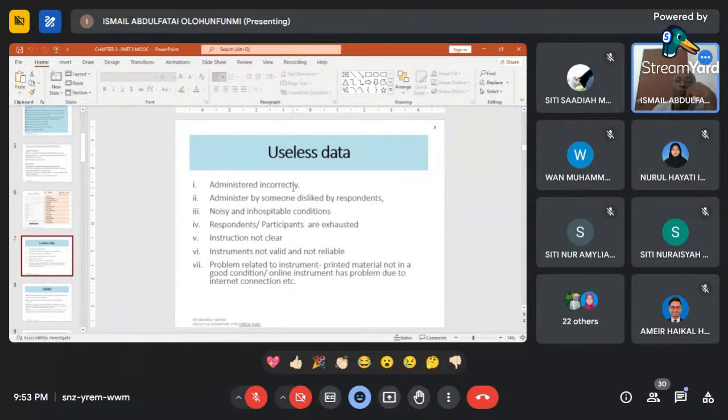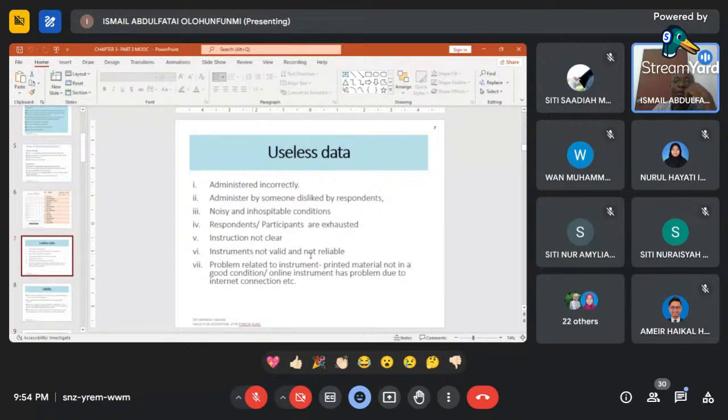Useless data is also data administered when the respondents and participants are exhausted, when they are tired. Also, if the instruction is not clear, it is useless data.